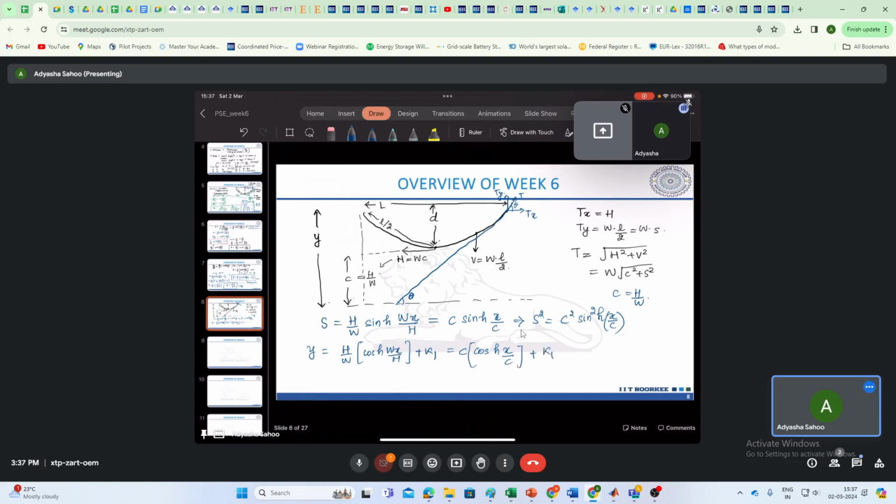So if you again substitute x as 0 here, basically this point, then your y is C at this point. So from that, you can get k1 as 0, since cos hyperbolic will basically become 1.